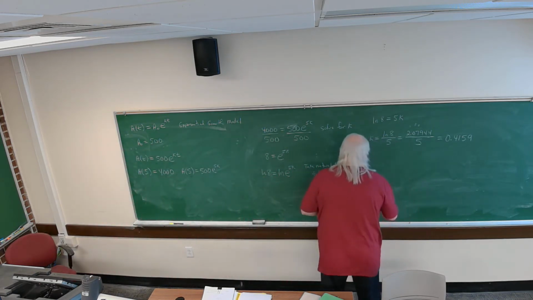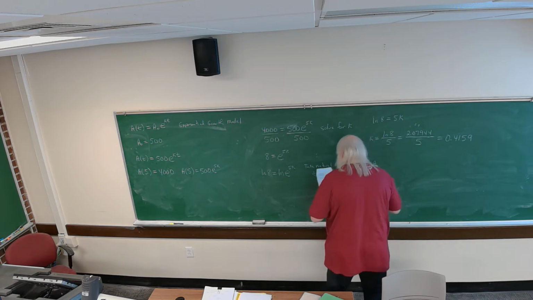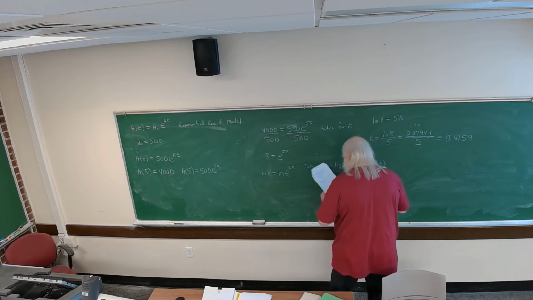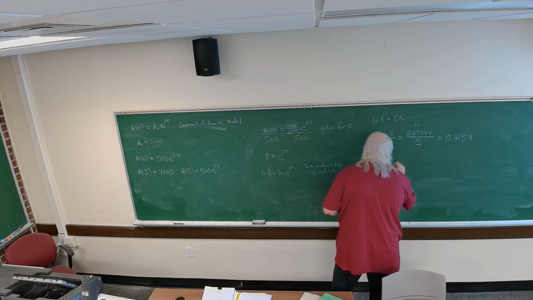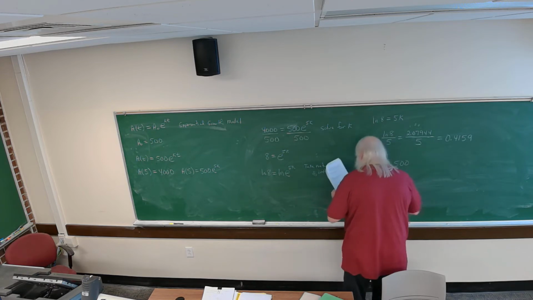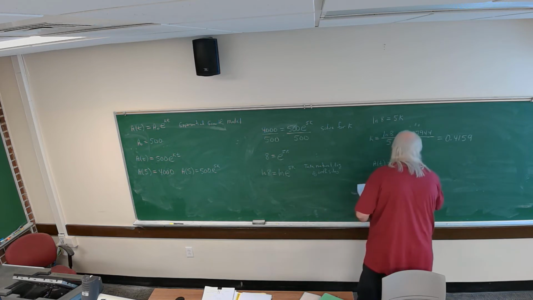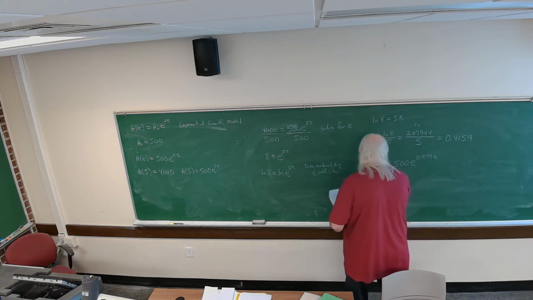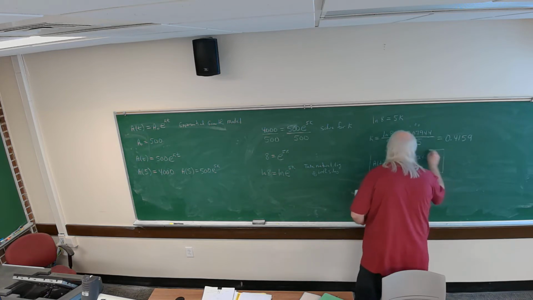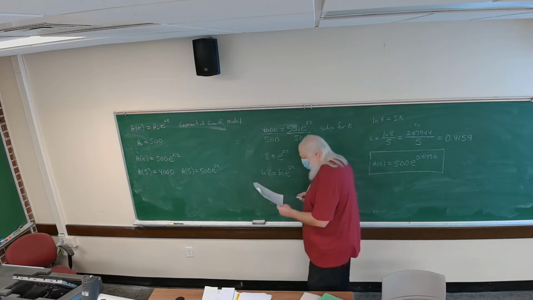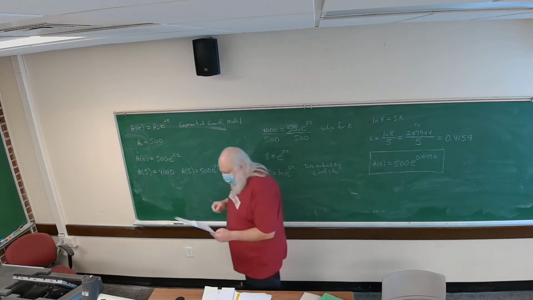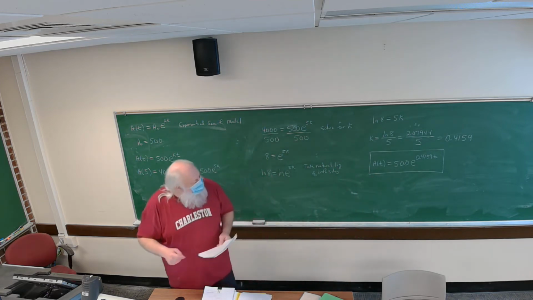So when we do that, we have A of t equals the initial quantity, 500, times e raised to the 0.4159t power. That is the answer to A. A says find the expression for the number of bacteria after t hours.